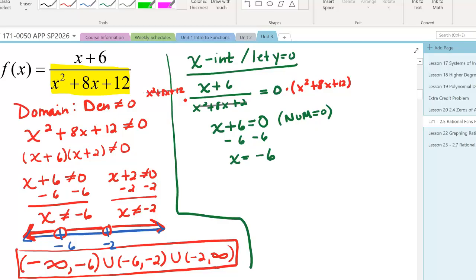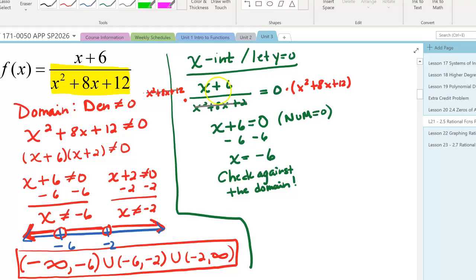However, that sounds a little familiar. You always want to check your x-intercepts against the domain. And if I look, -6 is one of the values that x can't be.